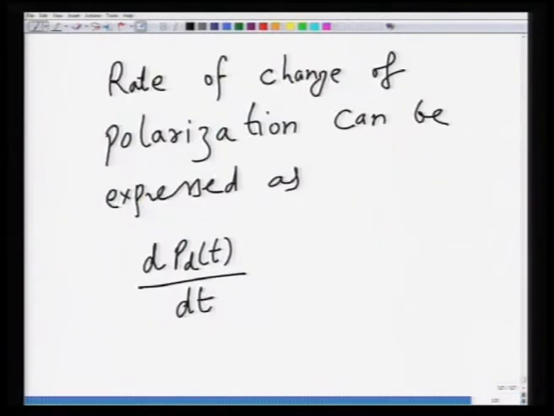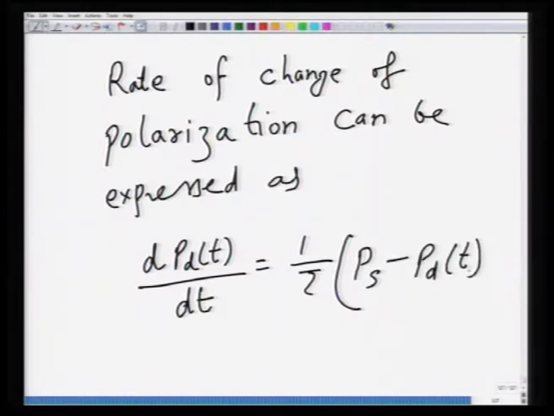So, this rate of change of dipolar polarization can be expressed as dPd by dt is equal to 1 over tau into Ps, the saturation polarization, minus Pd(t). This is the basic equation which governs the development of this dipolar polarization.